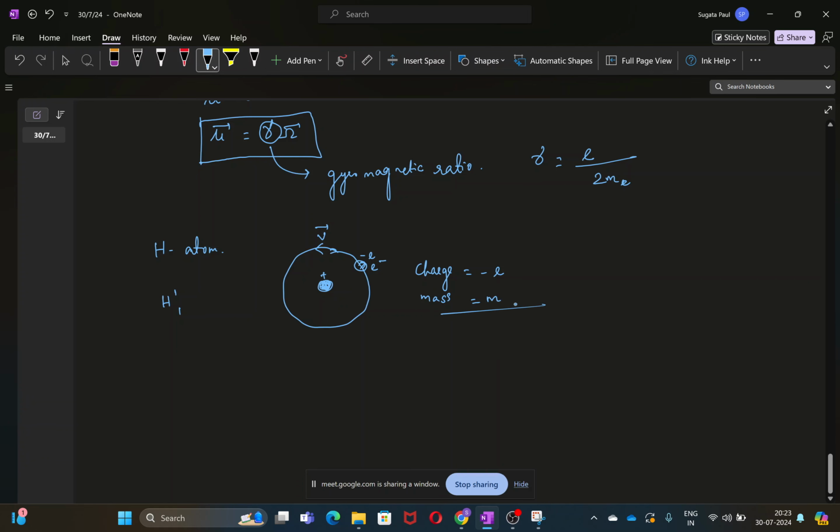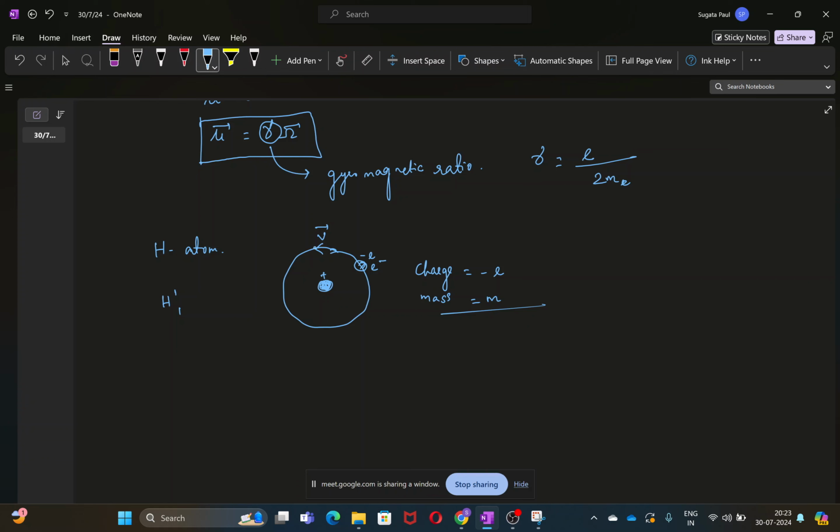Electrons have some finite mass that is properly defined. We symbolize it by m, and it is rotating around the nucleus in this orbit with a velocity of v.